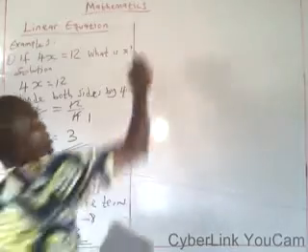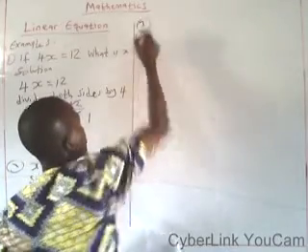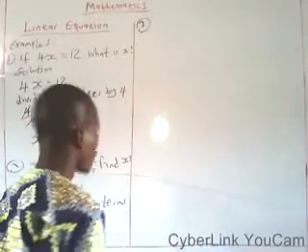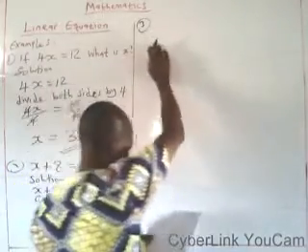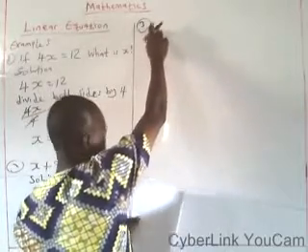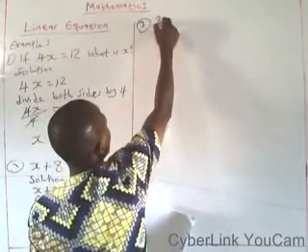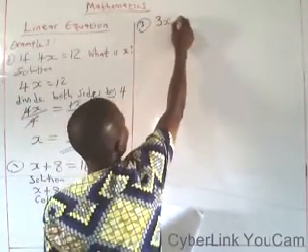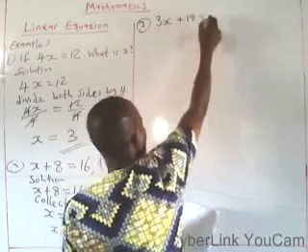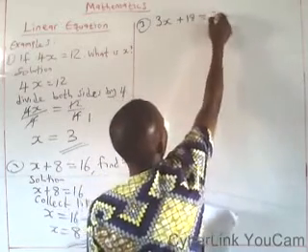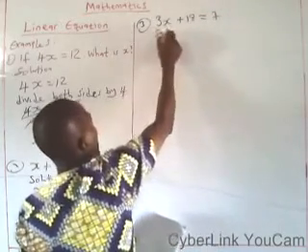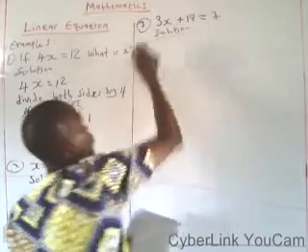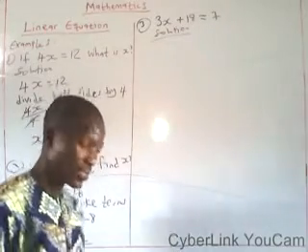Right. Now the next example, that is example number 3. It's also a linear equation of single variable. When we have 3x plus 18 is equal to 7.